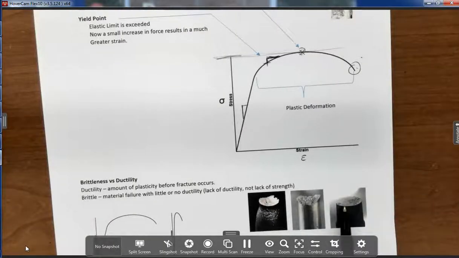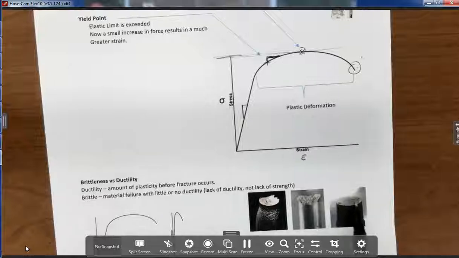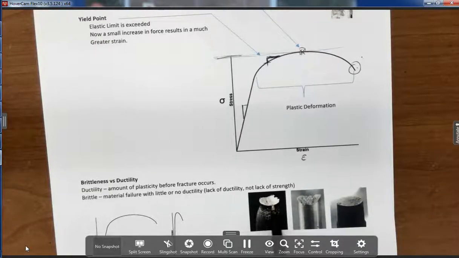If you look at these pictures here, the last picture is one that is very brittle. It's very flat where it broke, and so that is just what occurs when something that's really brittle finally hits its breaking point, as opposed to something that was ductile. You're going to get this concave kind of cone-shaped recess. The opposite end will be concave, one will be convex.